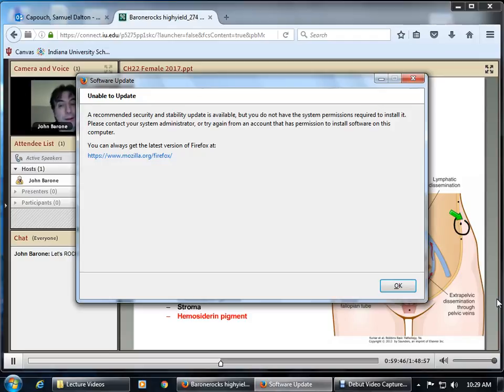Now, one more theory. How could it get to my brain? I've seen endometriosis in the brain. Well, in that case, the endometrial glands probably got into your blood vessels. They probably spread via lymphatics or arteries and veins, and then they went to the lymph node and started growing, they went to the brain and started growing.